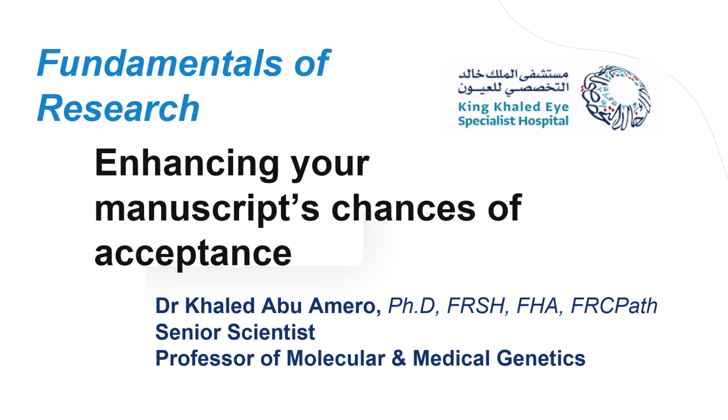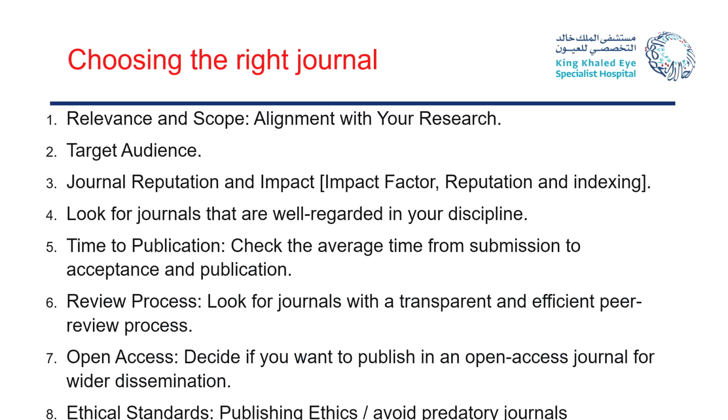Actually, Dr. Deepak covered most of the things, so I'll try to concentrate on a different angle in writing manuscripts. The first thing is actually choosing the right journal. Clearly we are in the field of ophthalmology, so it will be appropriate to make a list of all ophthalmology journals. Review the articles from the last 3 to 6 months to see whether your manuscript fits within the scope of what the journal is currently publishing.